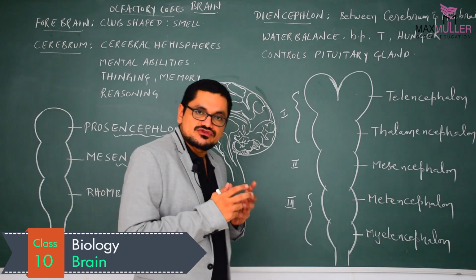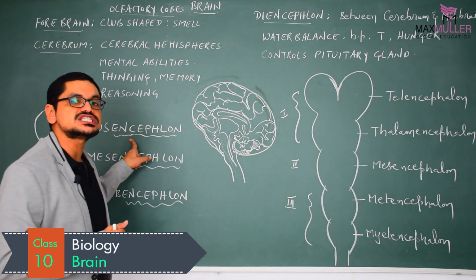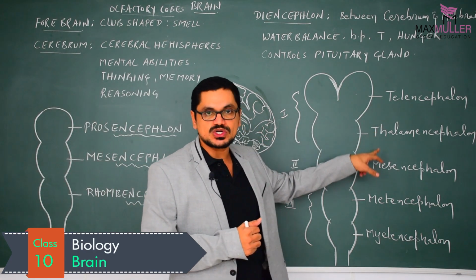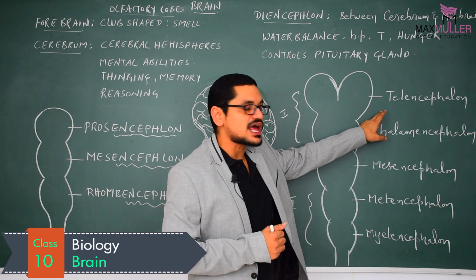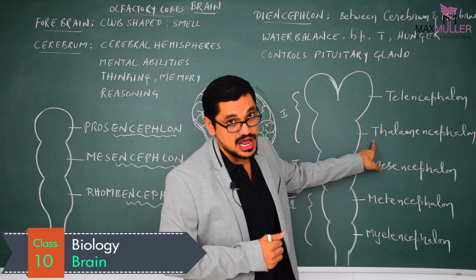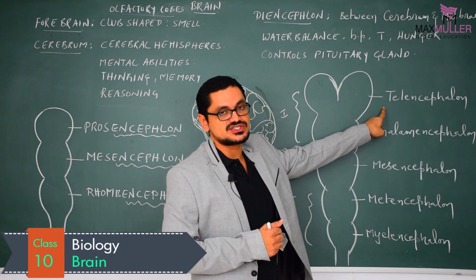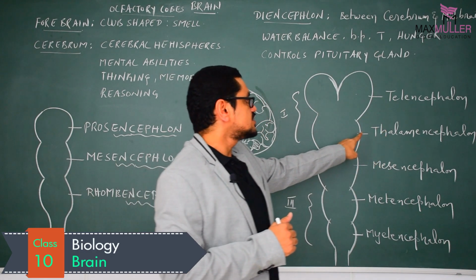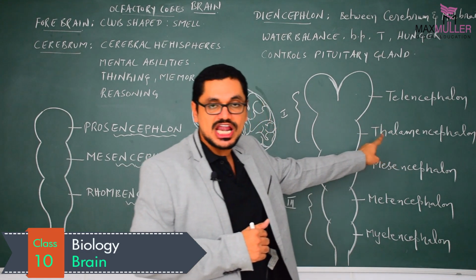The first part of the brain, in fact, is called prosencephalon. That prosencephalon divides into two portions called telencephalon and thalamencephalon. Telencephalon, T-E-L-E-N, and thalamencephalon, T-H-A-L-A-M-E-N.